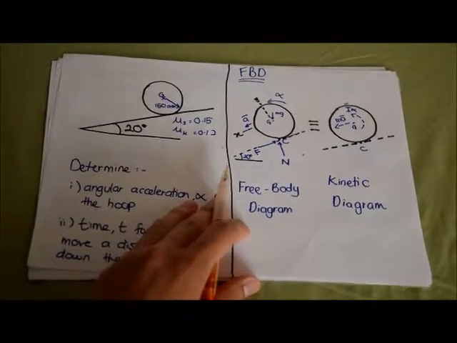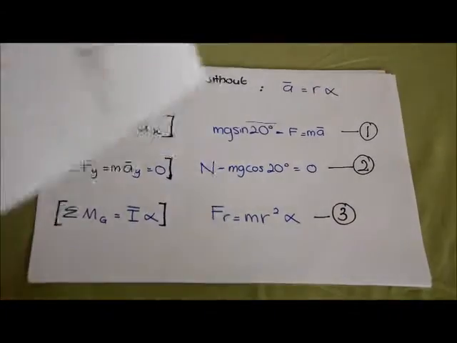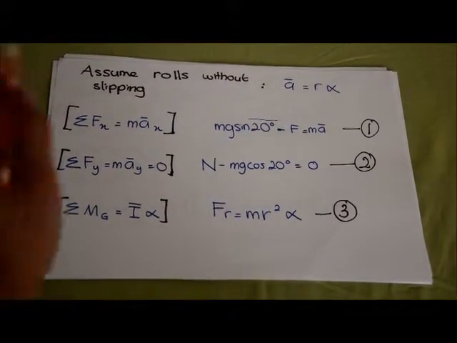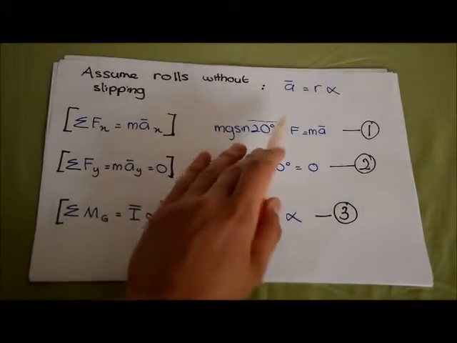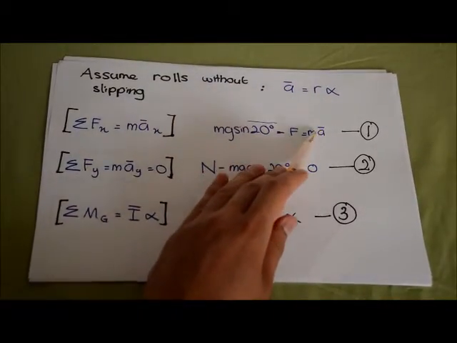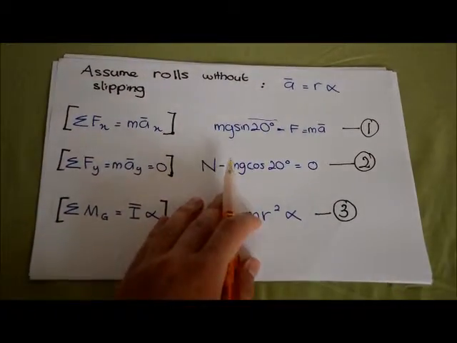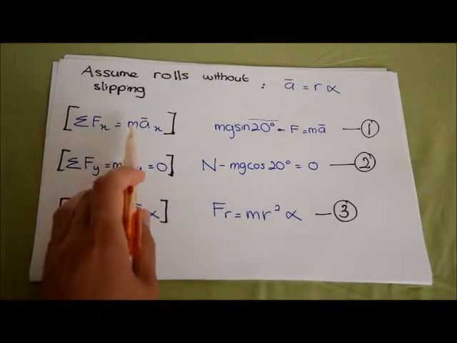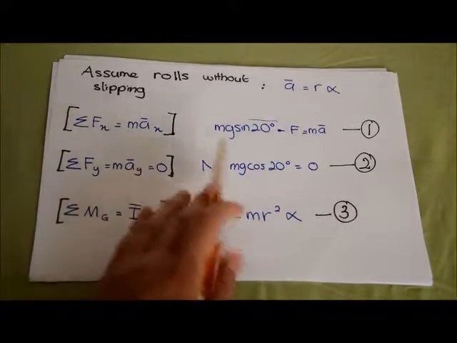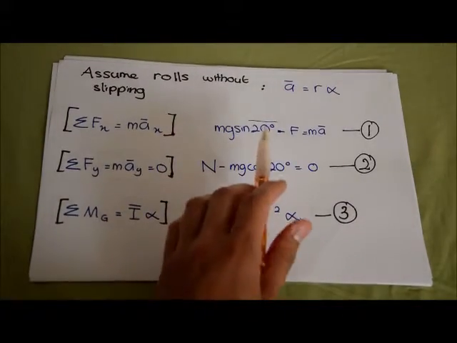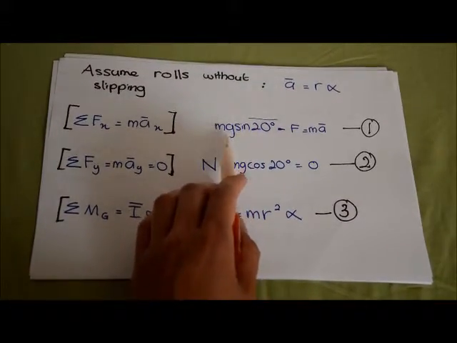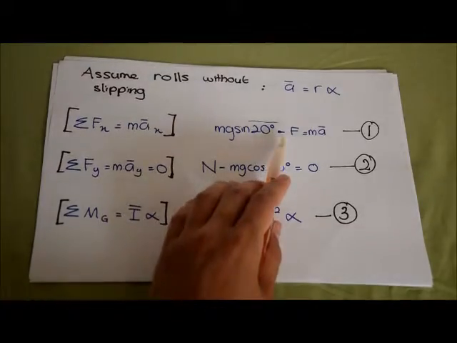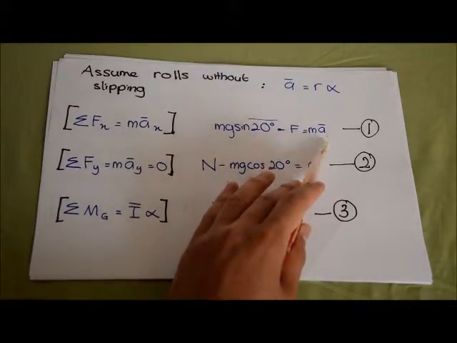Now, we are going to assume that the hoop rolls without slipping, so we can say that a bar equals R alpha. Then, we use the summation of forces in the x direction equals m a bar x. We will get our first equation, which is mg sin 20 degrees minus F equals m a bar.